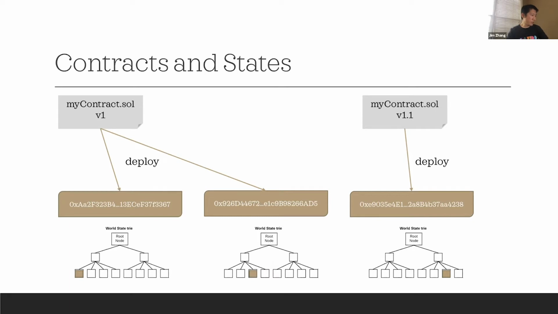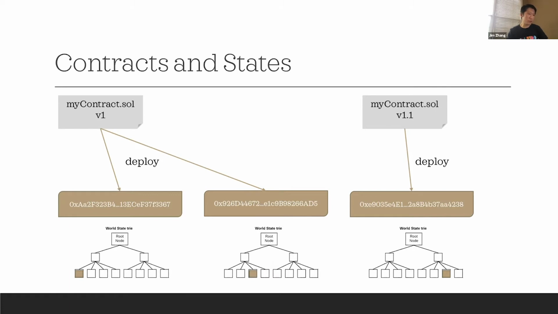As you can see in the overall state tree for the entire blockchain, each contract manages a portion of it, and a different instance of the contract has a different portion of the state tree to manage. And as you can see, the first instance and second instance came from the same code, but different deployments. And the third instance came from a different version of the contract.